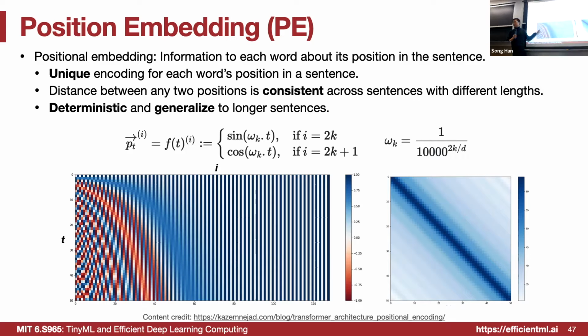That's why you don't have just a single encoding, but multiple such encodings, corresponding to I, with different frequencies, and they are increasing linearly. When I is increasing, k is increasing, and omega is decreasing. So that's why you have so many frequencies.